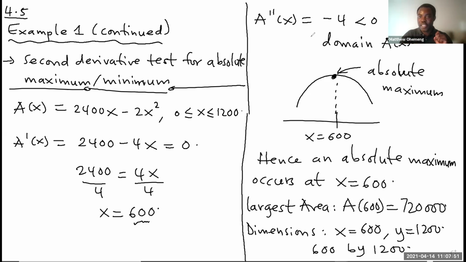I usually prefer the second derivative test because it's easy. Immediately you get the critical point, just check the second derivative for the domain. And if everything works out, it will always be negative if you're looking for an absolute maximum, so it's always concave downward, or positive if you're looking for an absolute minimum, so it's always concave upward. But it's up to you, whichever option you prefer.